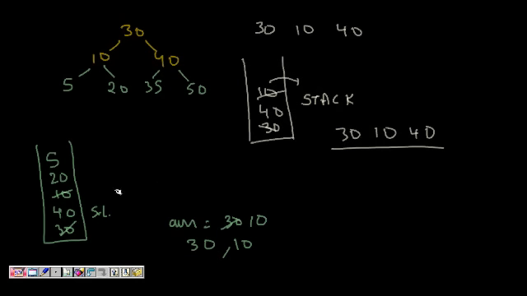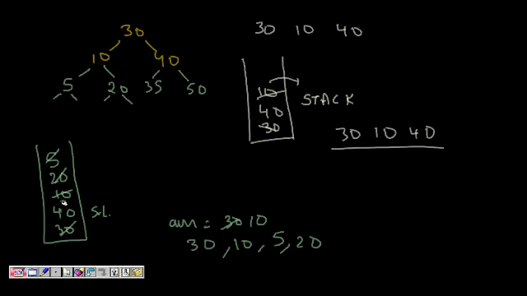I pop this one out and print it, and its right and left child are null, so I don't push anything on the stack. Next that comes out is 20. 20 gets printed here, its left and right child are null, so I don't push anything on the stack.